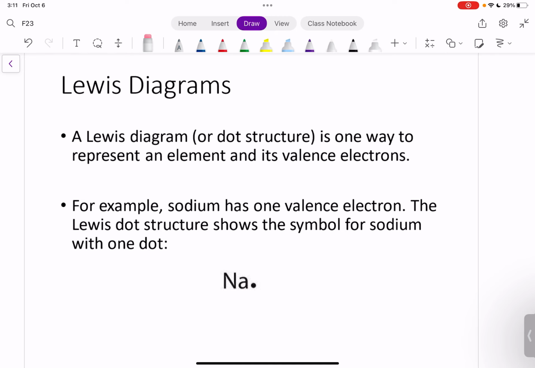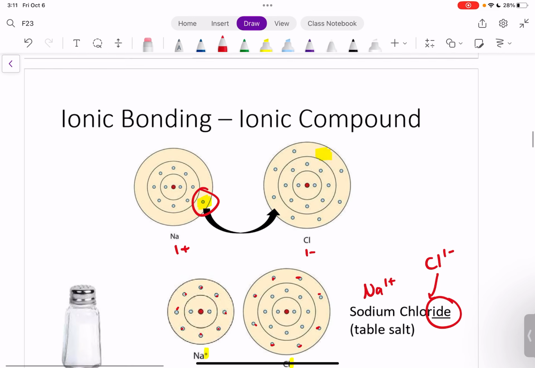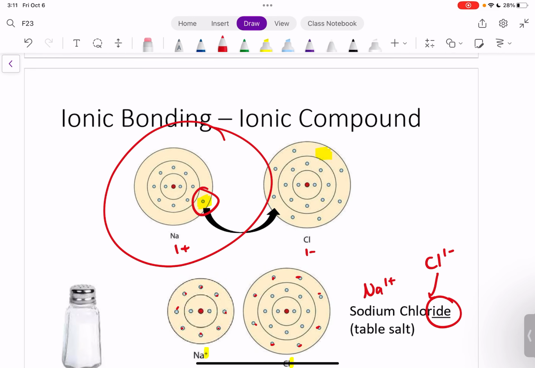And we can draw that valence electron with a little dot here. So you just write the element symbol and then one dot for the valence. I don't care where you draw that dot. You could have drawn it here or here or here. These all are saying the same thing: that sodium has one valence electron. Just an easier way to represent that than drawing this whole thing here.